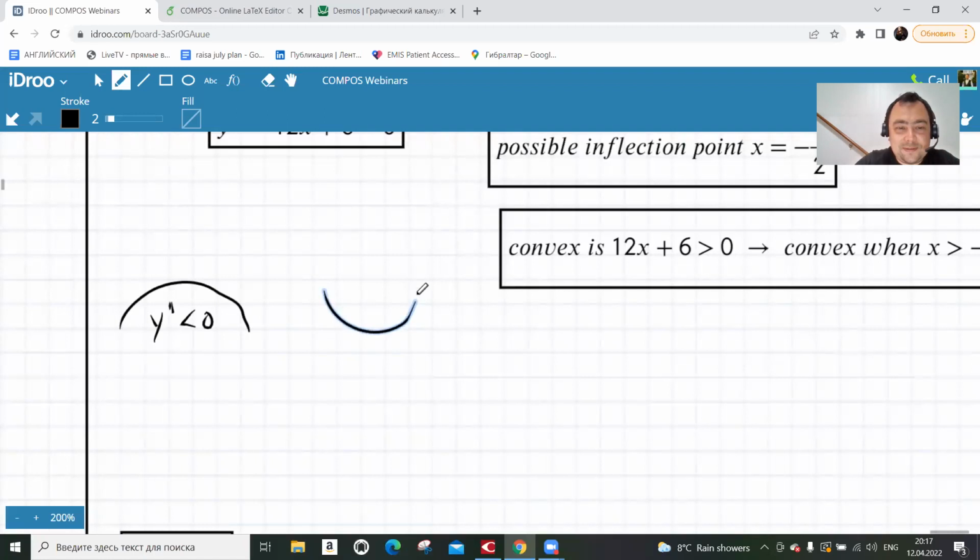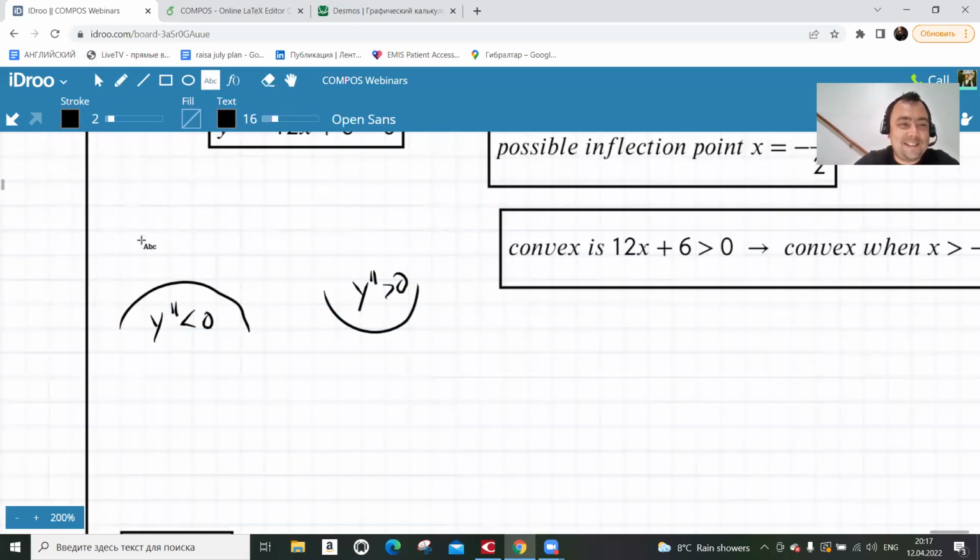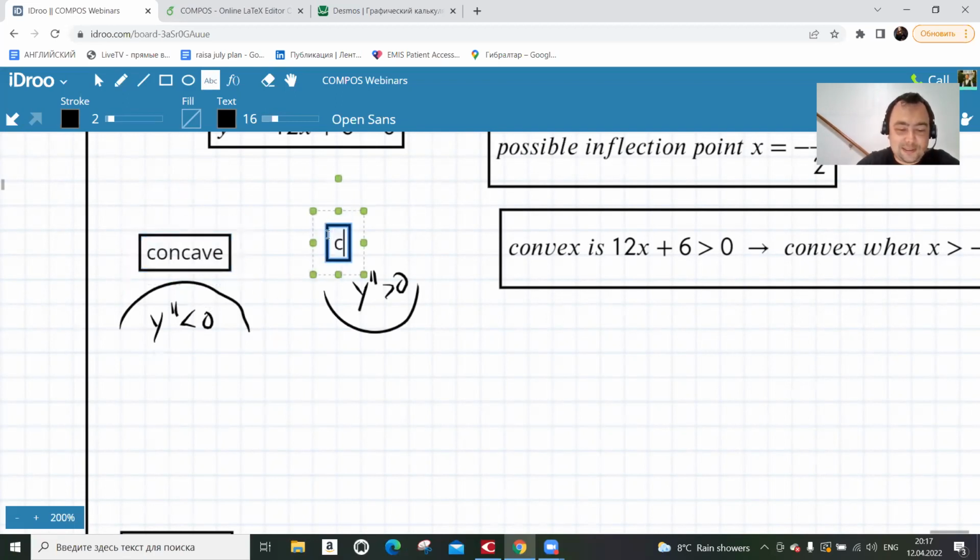And convex is when the second derivative is positive. You can think of, I don't know, concave, it's like a sad word. That looks like a sad face. Concave, cave looks like a cave, like an entrance to a cave. And convex sounds like convex. I don't know. You can use that if you want.